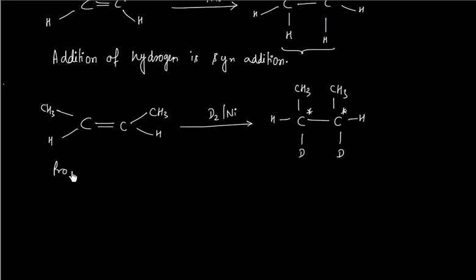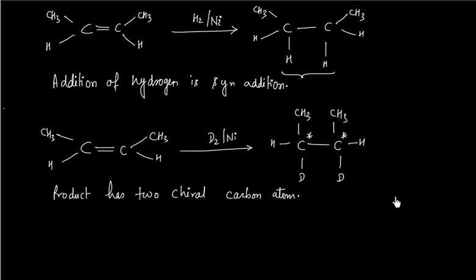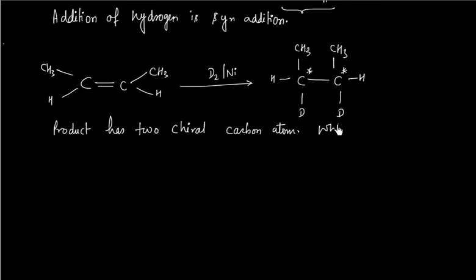So the product has two chiral carbon atoms. So we want to identify which isomer will be formed if we use cis-2-butene.